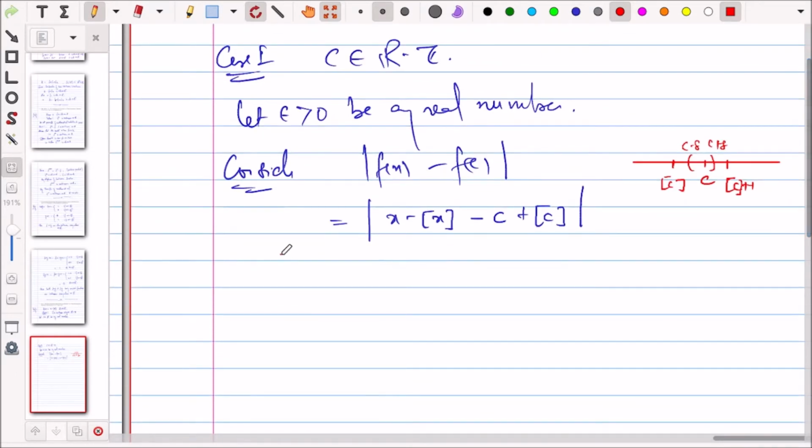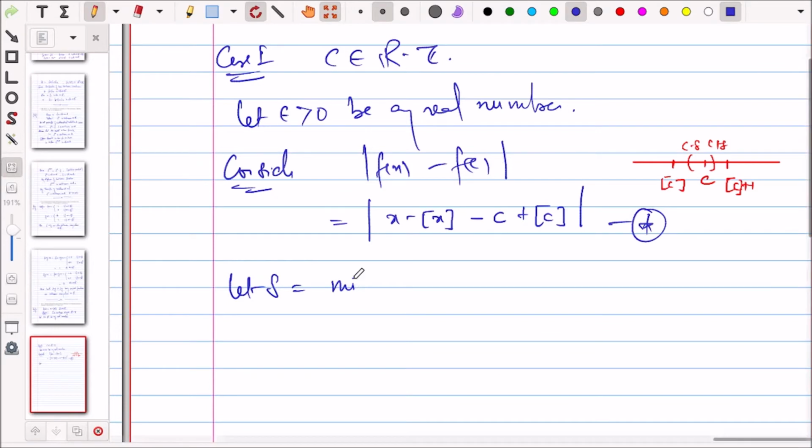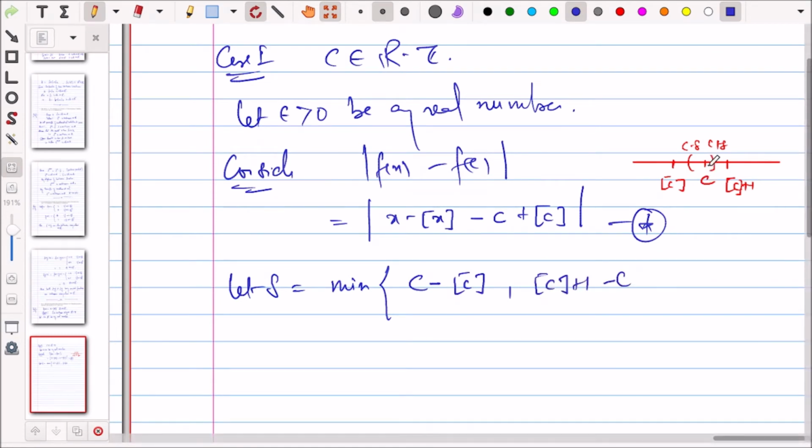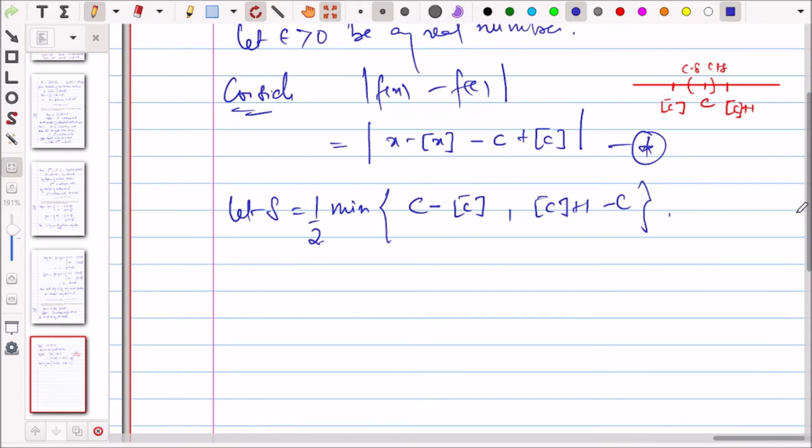So for that, what we will do is, we will choose delta equal to the minimum of c minus the greatest integer function of c, and the greatest integer of c plus 1 minus c. So we are taking this distance, and the minimum of the two, or you can put 1 by 2 also for being on the safer side.